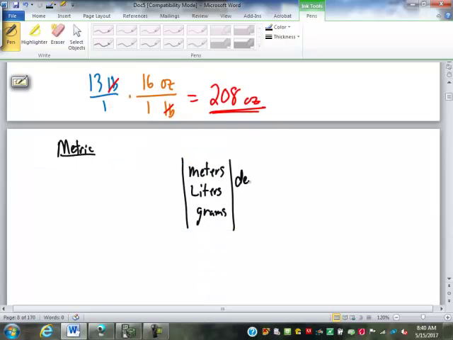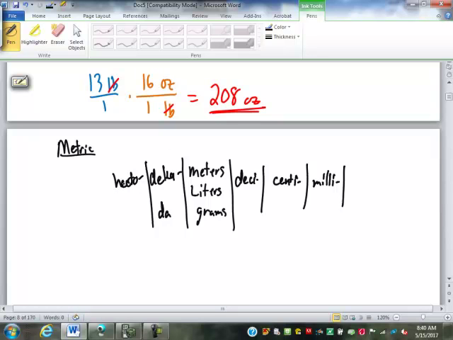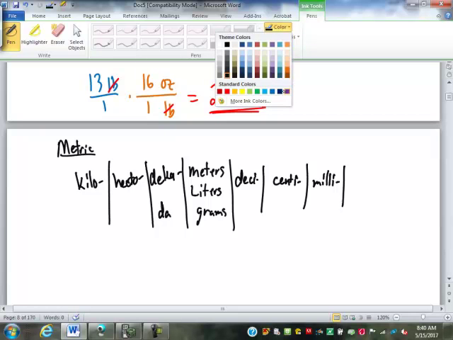This is deci, centi, milli. Now we went out to micro, but we'll stop at milli for now. I won't go past milli on the test. To the left, going larger than the main units, we've got deca, which is abbreviated DA, hecto, and kilo.